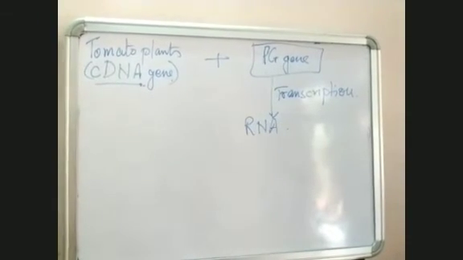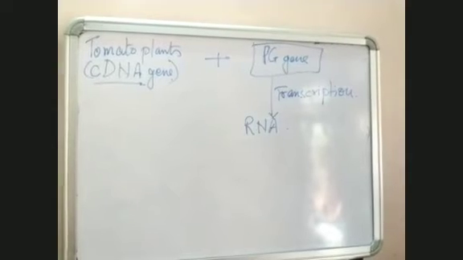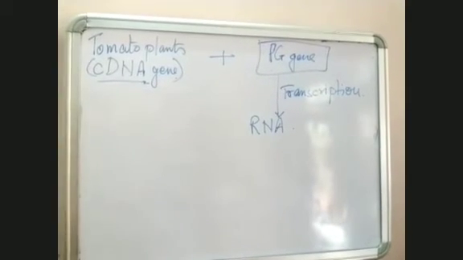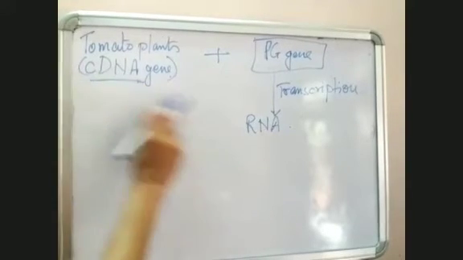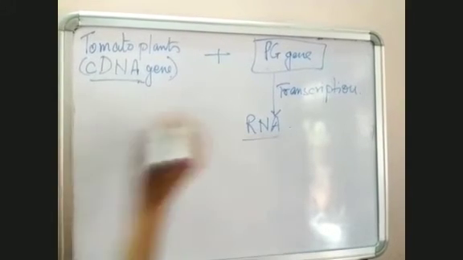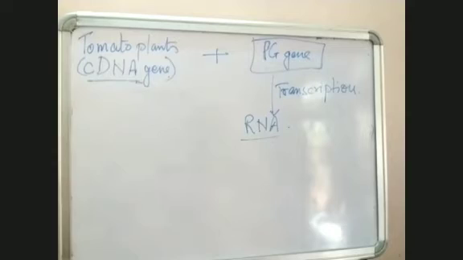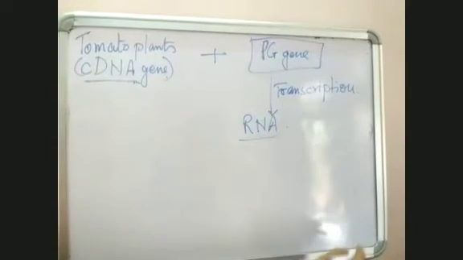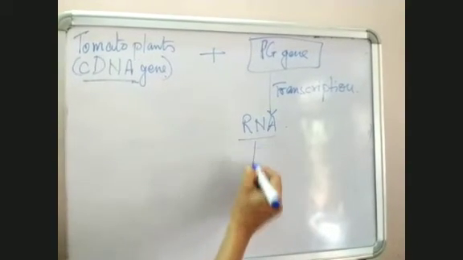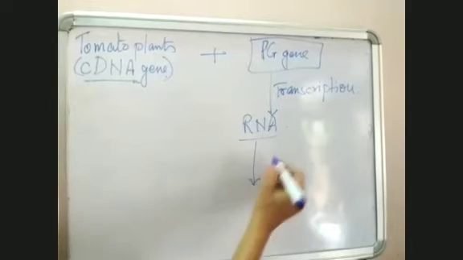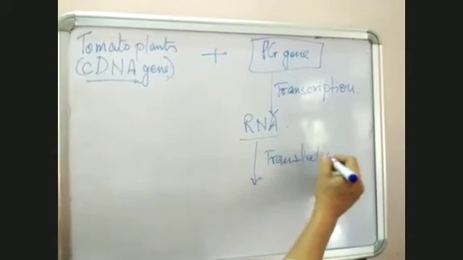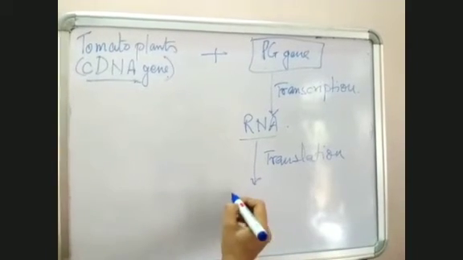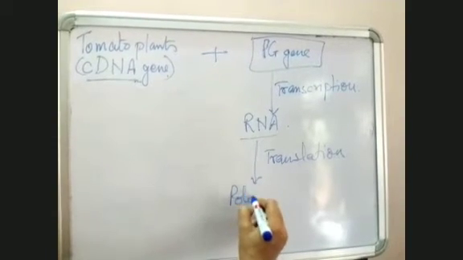Now, when this RNA is produced, as I told you, there is a complementary DNA which is complementary to this RNA. So when this RNA is produced, it will not undergo translation. That means the further process, which is translation and the formation of polygalacturonase, does not happen.